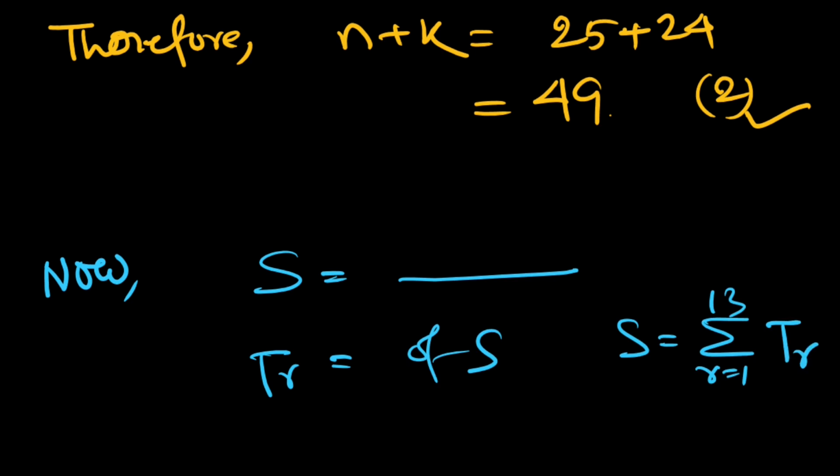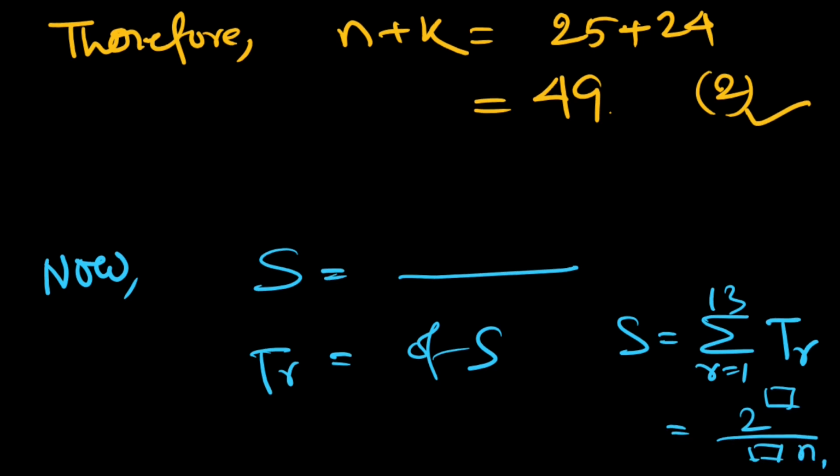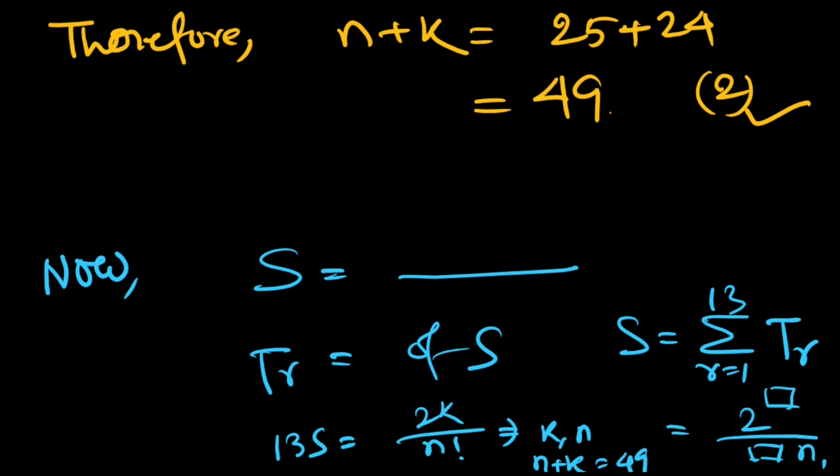We evaluate this and get 2 to the power of something over some factorial. After that we calculate 13S and match it with 2 to the power k over n factorial. Then we find k and n, and we get n plus k is equal to 49. This is our answer.